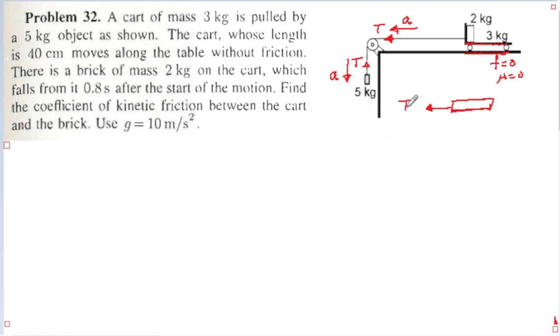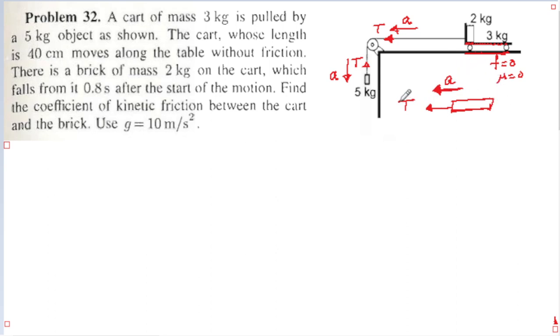So this is our tension force T, and due to this tension force, the cart will gain some acceleration, which is experienced on the cart.